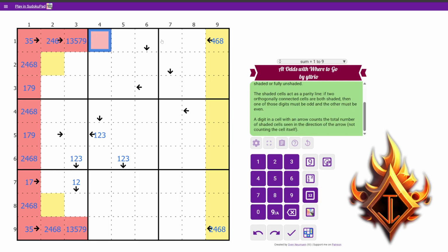This is even. We have 3, 5, so these are going to be 4, 6. Because they will be 1 higher than the other corner.